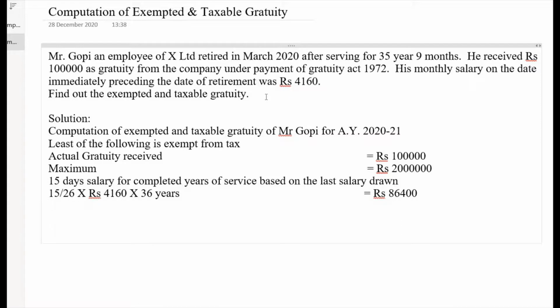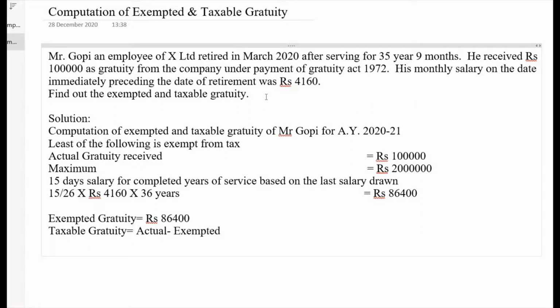Therefore, exempted gratuity equals rupees 86,400. Taxable gratuity equals actual minus exempted.